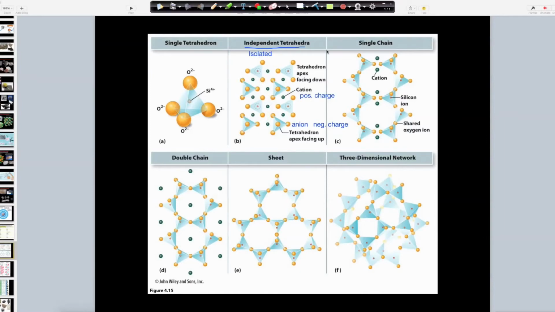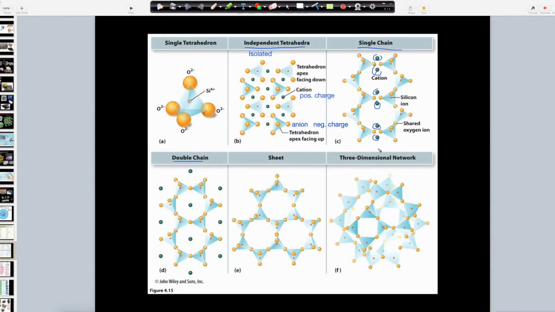So the next step is combining one oxygen or two oxygen per tetrahedra, and those create single chains. So this is the next grouping, your single chains. So the tetrahedra, once again, are covalently bonded, and then they ionically bond with cations, which are shown here. The next is the double chain.